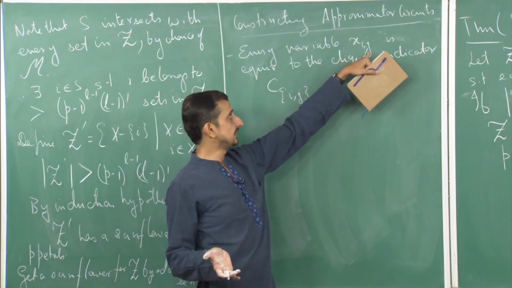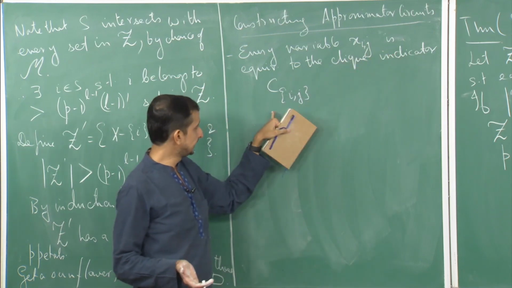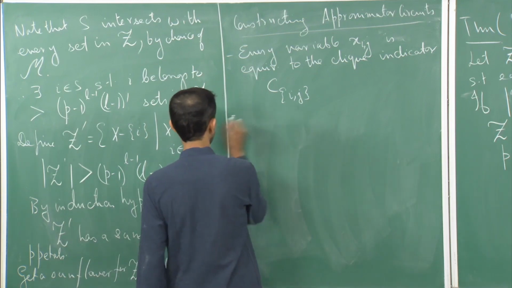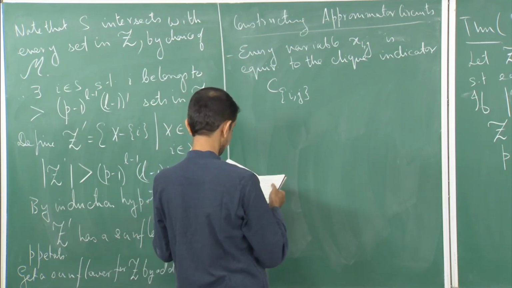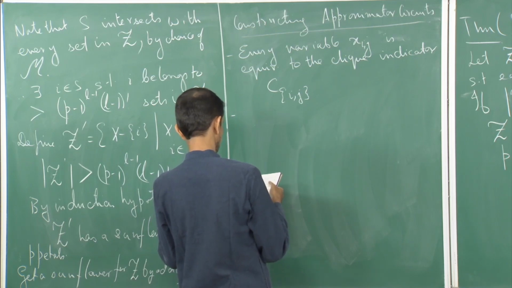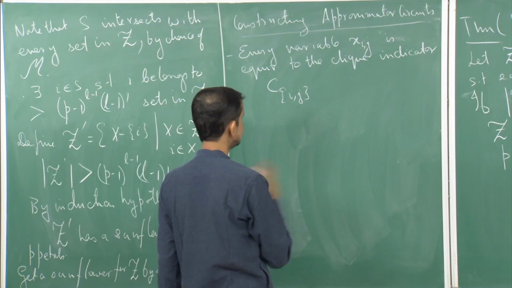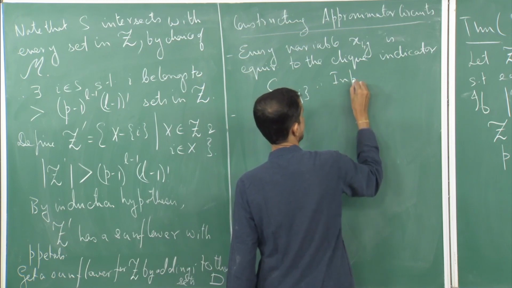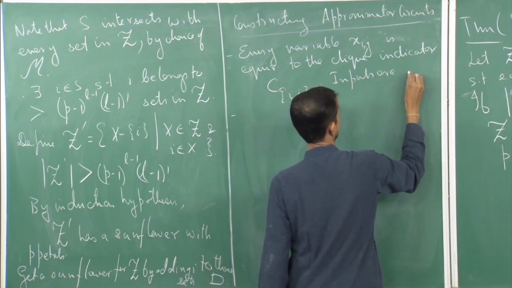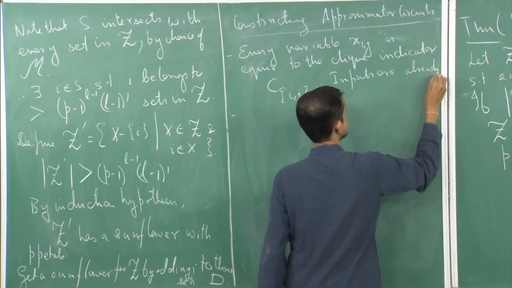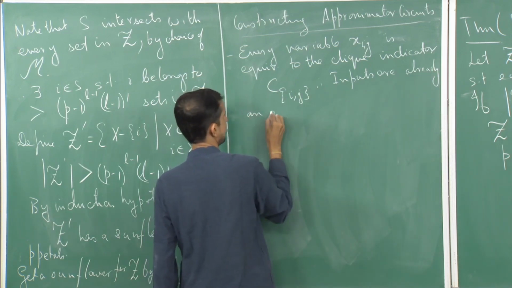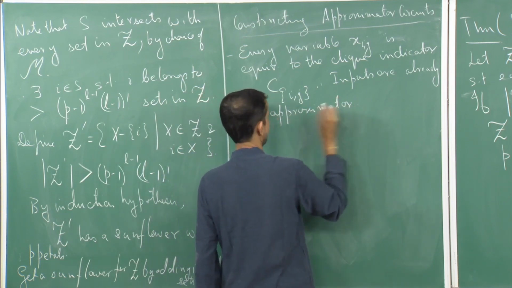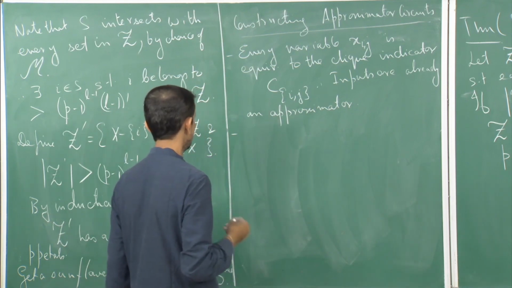So, if there is an edge between i and j, that is, if xij is true, then i and j form a clique, and otherwise not. Now, these input variables are already an approximator.